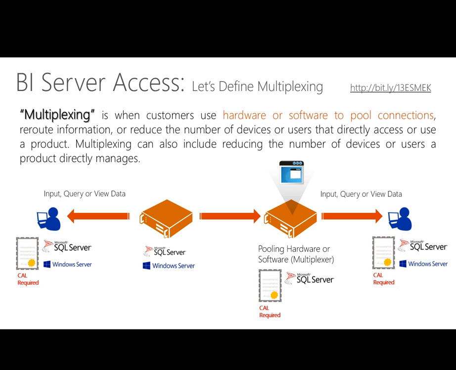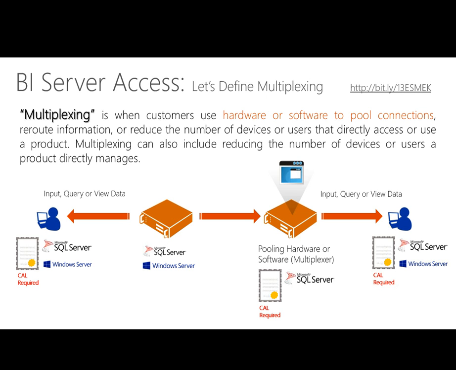In this case, the user or the device needs to have an SQL Server CAL and a Windows Server. So that's how multiplexing works, and these are the licensing for the multiplexing.